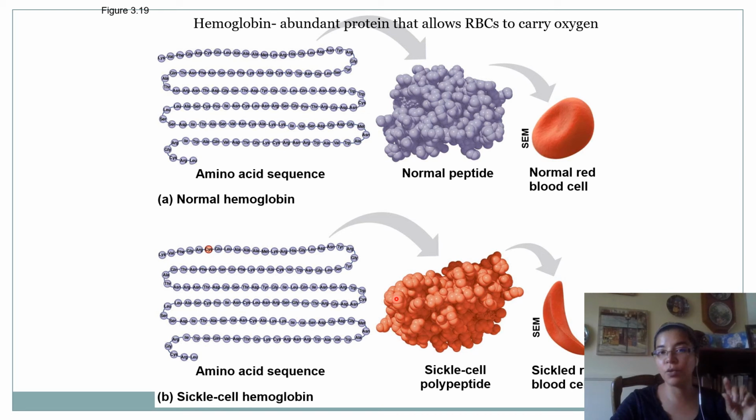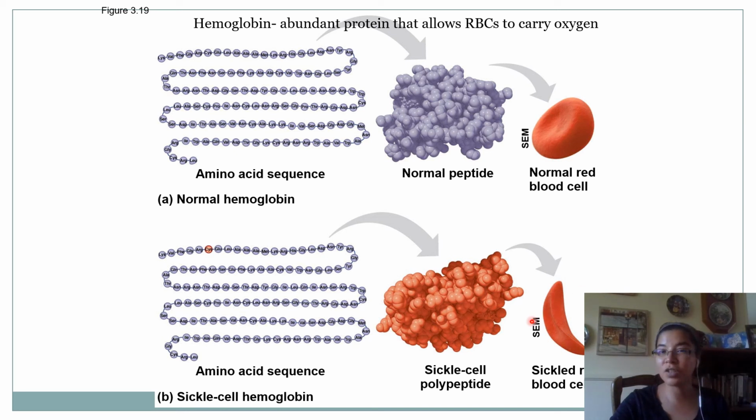If you think about 1 billion of these proteins folded incorrectly, that will lead to the sickle cell red blood cell that you see on the right. From a nice round shape with an indentation in the middle to increase surface area, we have something that looks like a sickle. It's crescent shaped.